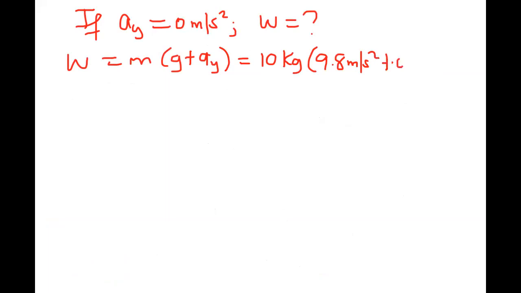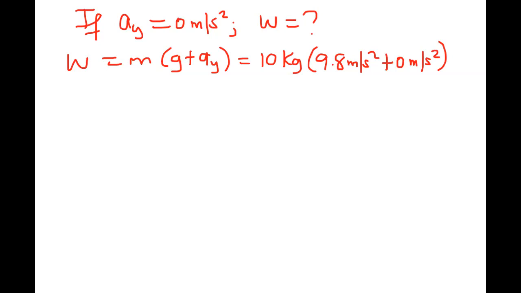We are adding 0 meters per second squared because acceleration is 0. Please take note that when we say acceleration is 0, there are two possibilities. The crate or the elevator could be at rest, or it could be moving at constant velocity, up or down. So we have two situations here, at rest or moving at constant velocity.